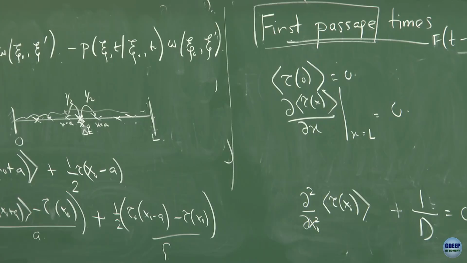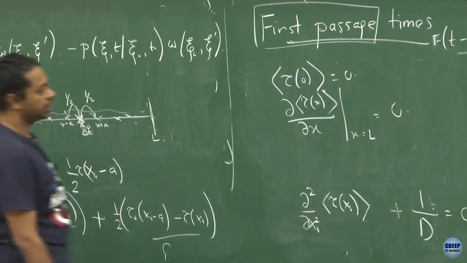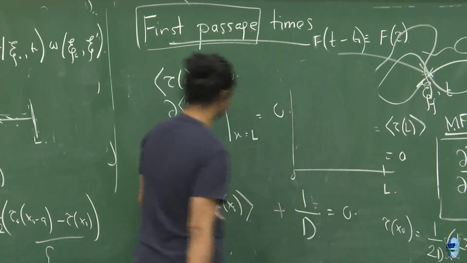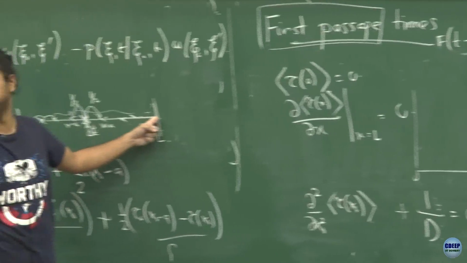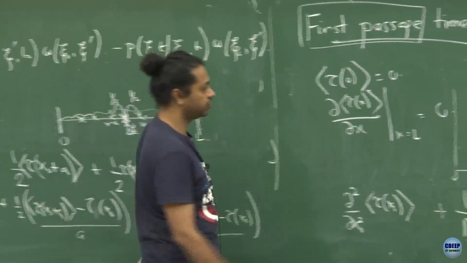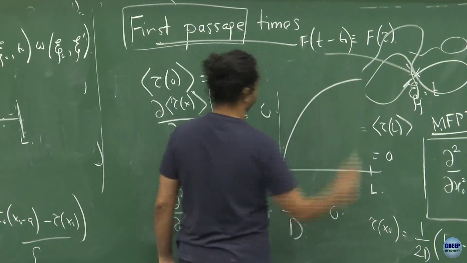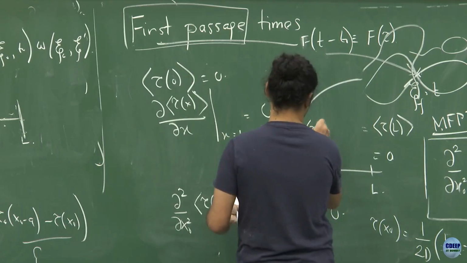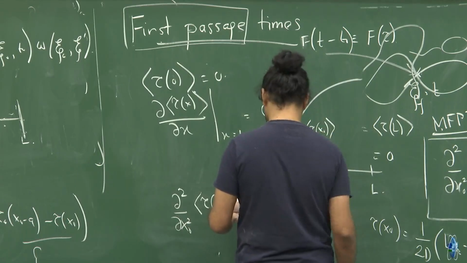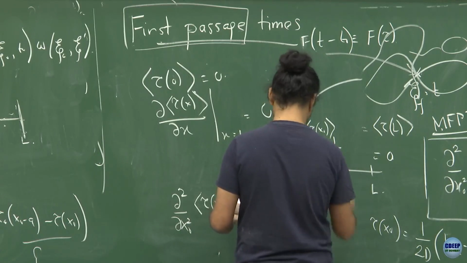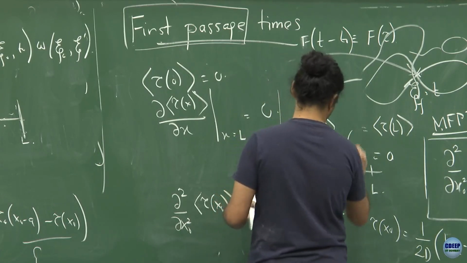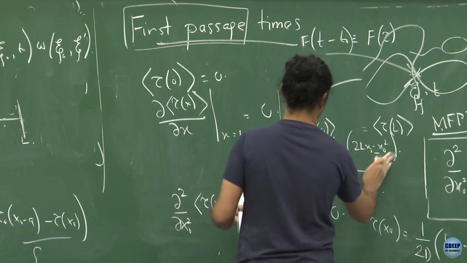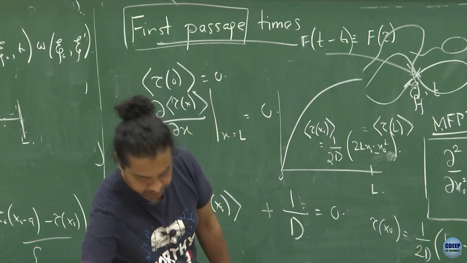So if you put in this boundary condition, that this is absorbing and that is reflecting, and if you plotted this curve again between 0 to L, the maximum time would be if your particle had started at L, because that is my reflecting condition, and you would get something like this, and that expression would be tau of x naught is 1 by 2d, 2Lx minus x square. Okay.